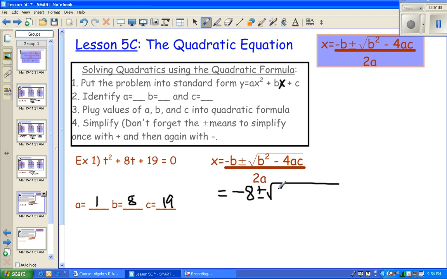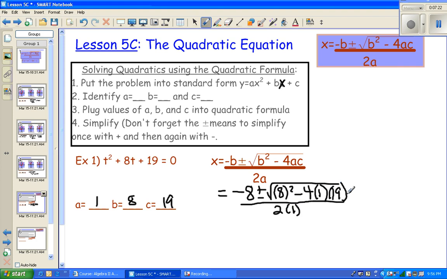And then we have 8 squared minus 4 times 1 times 19. And we're going to put all of that over 2 times 1. Okay?